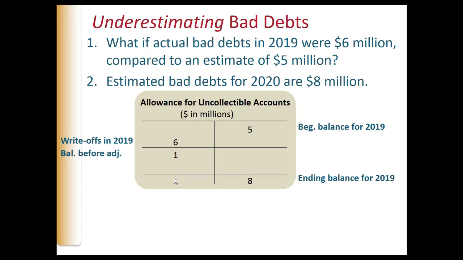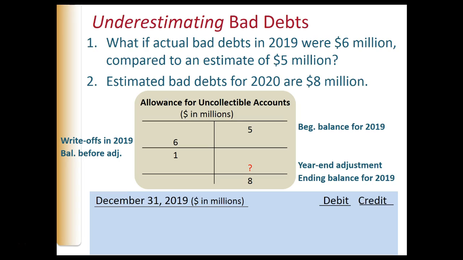However, it's possible that some of the estimated uncollectible accounts have not been proven bad yet. A debit balance before adjustment indicates that the estimate at the beginning of the year was too low. Based on all available information at the end of 2019, Kimsey estimates that the allowance for uncollectible accounts should be $8 million.